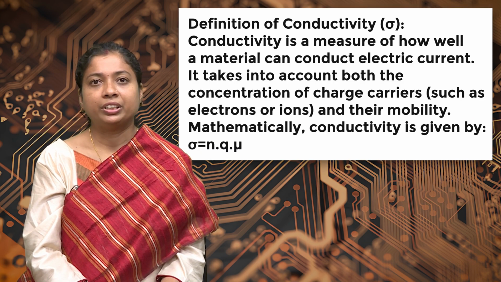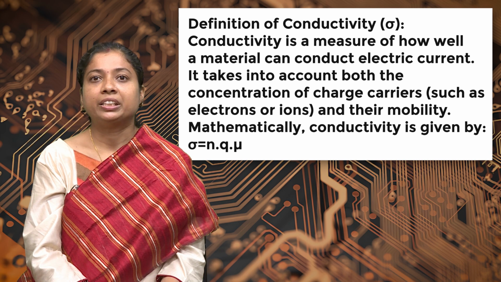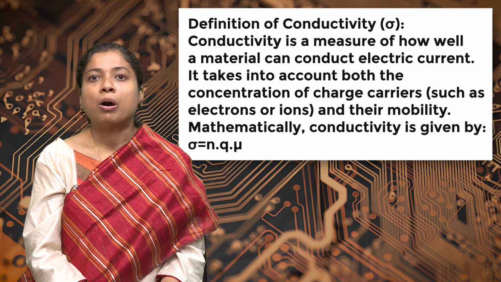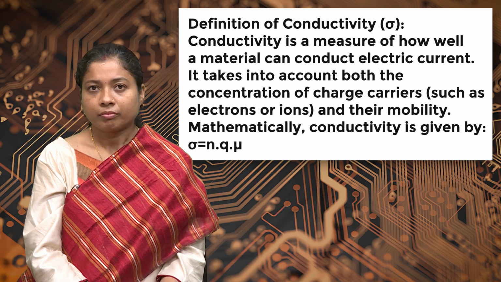The definition of conductivity is the measure of how well a material can conduct electric current. It takes into account both the concentration of the charge carriers, which are electrons or ions, and their mobility.